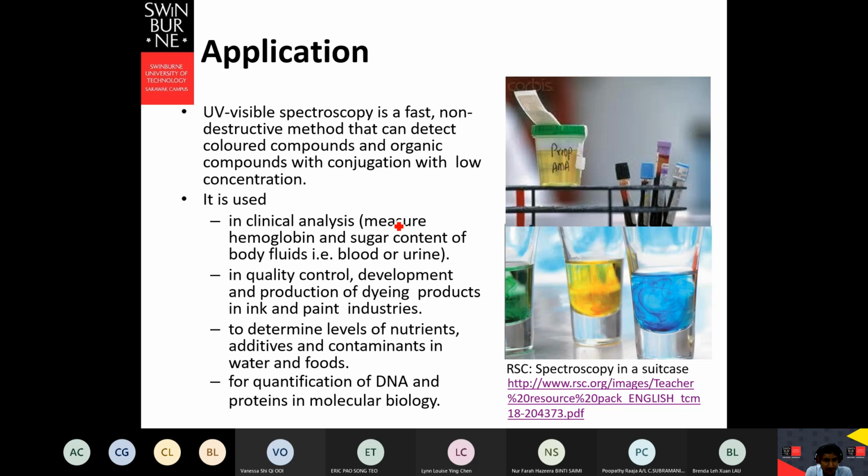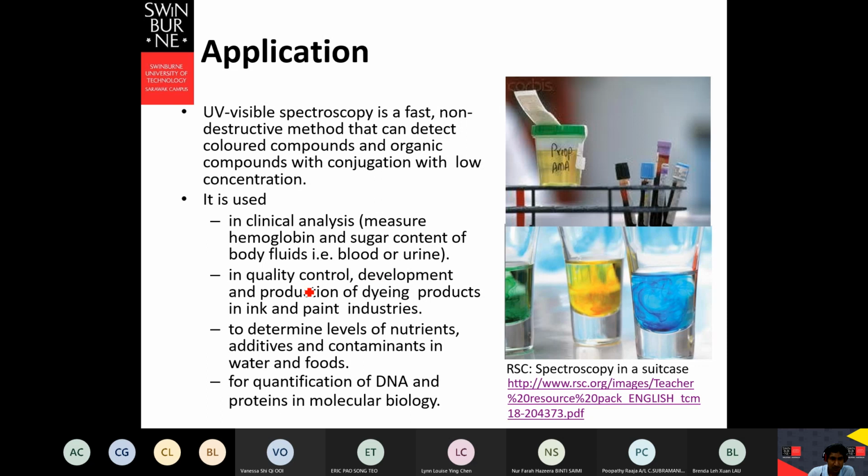All right, so the usage is versatile, and it has quite many usages, like in clinical analysis: the hemoglobin, the sugar content in body fluid, urine, the blood in urine, or many things.